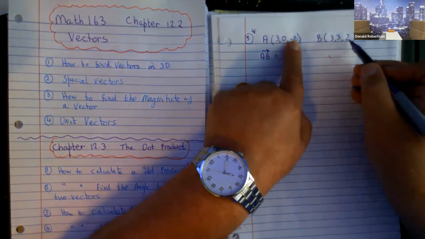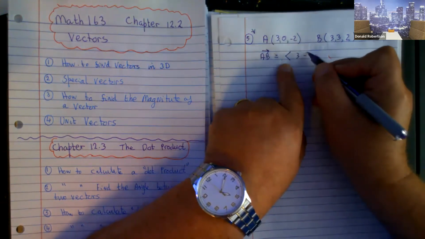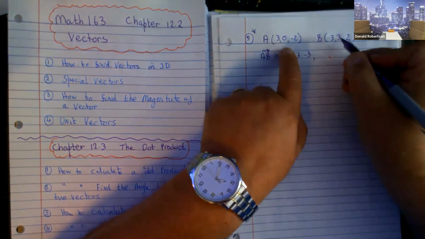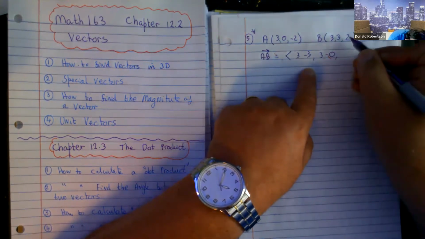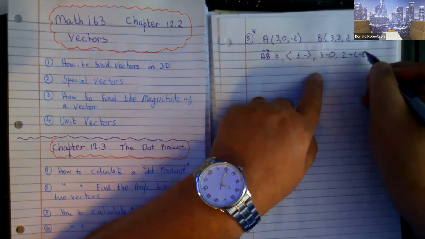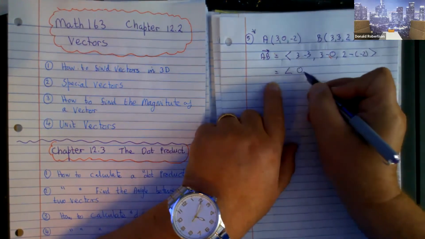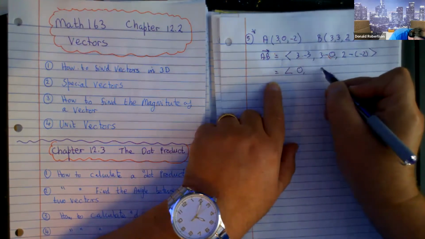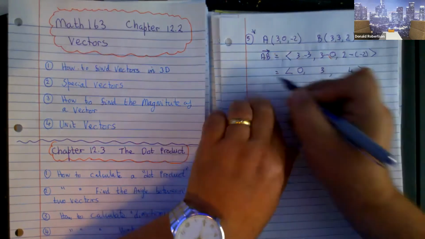So, second, take away the first. 3, take away 3. Second, take away the first. 3, take away 0. Second, take away the first. 2, take away -2. That guy gets you 0. 3 take away nothing gets you 3. And 2 add 2 gets you 4. And there would be your answer.